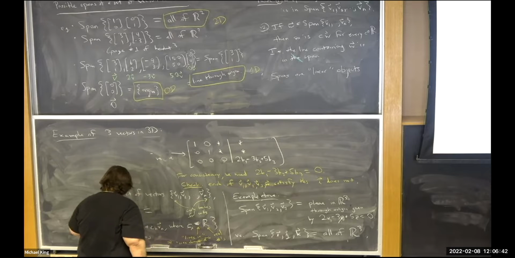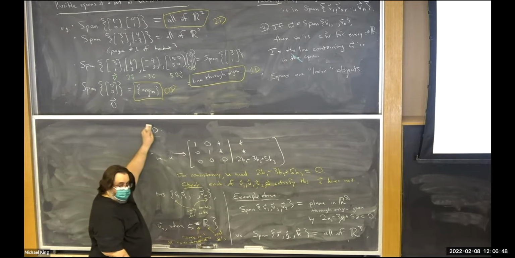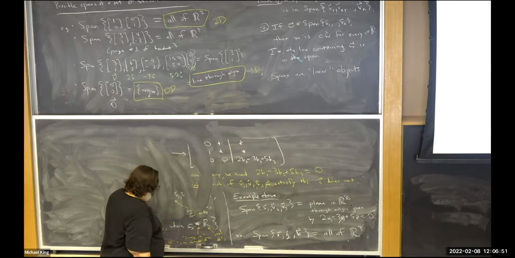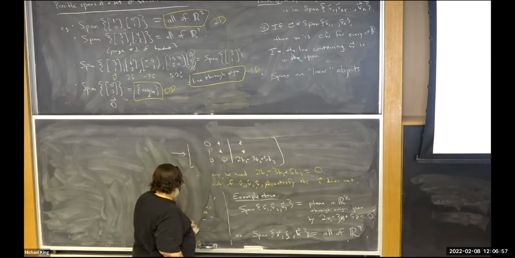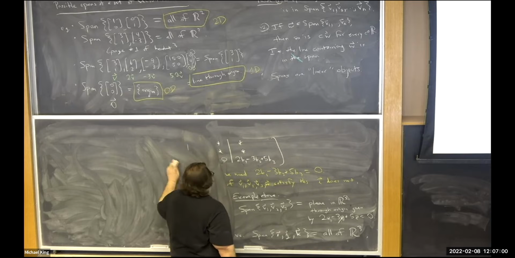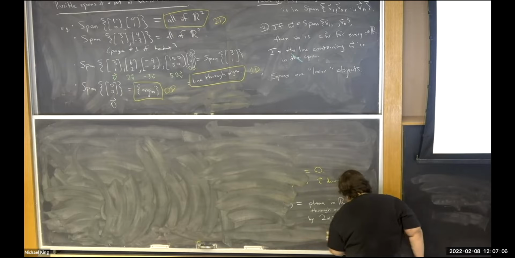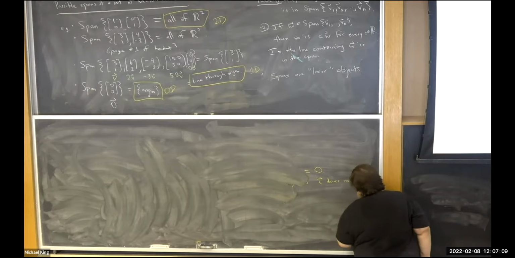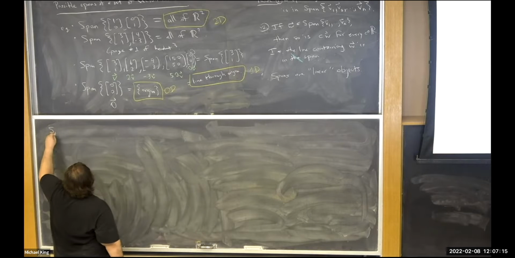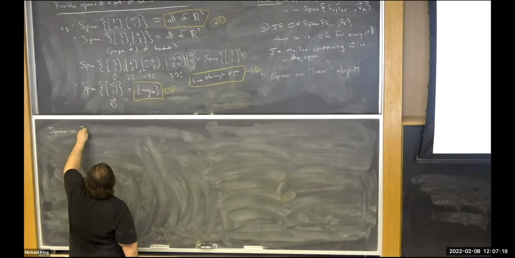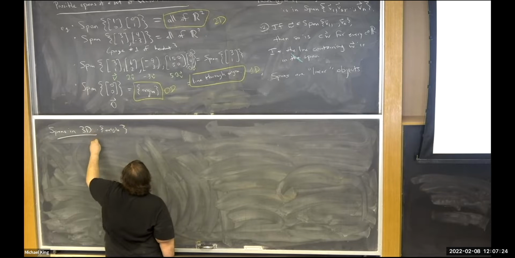And by the way, I should tell you the name, it's going to come up later anyways, I might as well tell you now. These linear things through the origin, like lines and planes through the origin, are called subspaces. We're going to use the word subspace for those. So spans in 3D: you have the origin, lines through the origin.